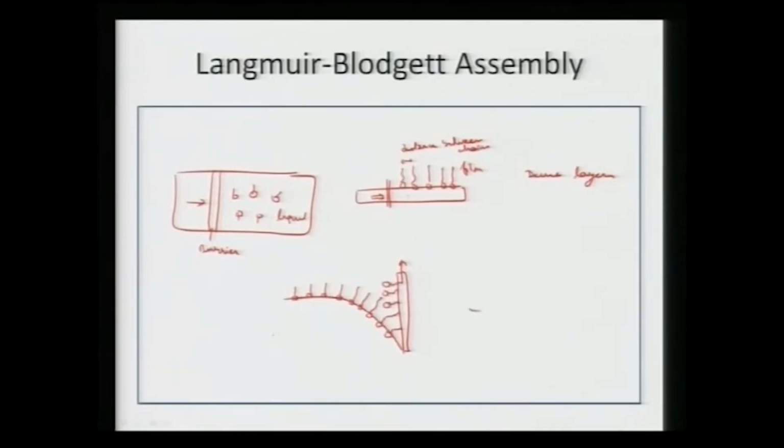Or we can also make it go like this to finally deposit it onto its surface. So, we can deposit either the hydrophilic end or the hydrophobic end to the substrate.